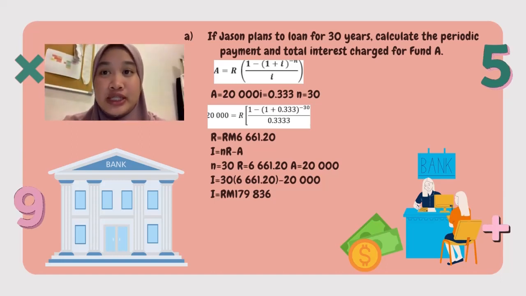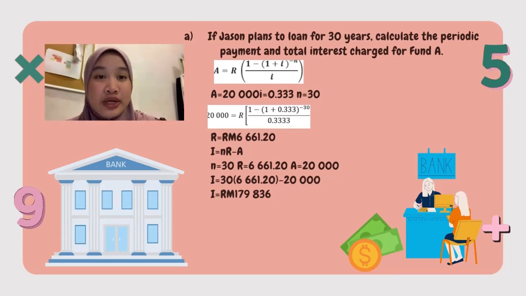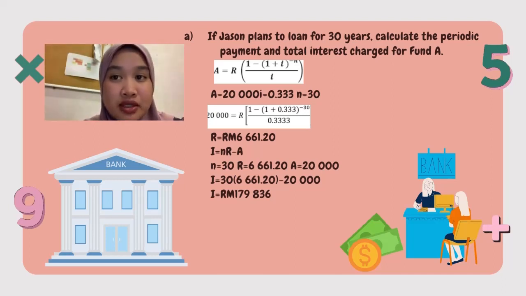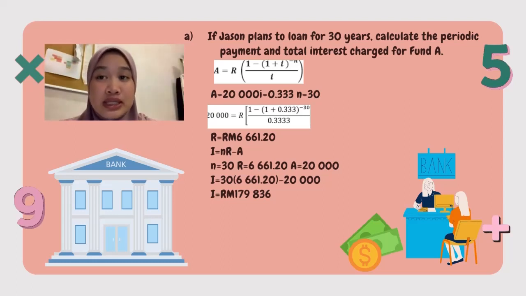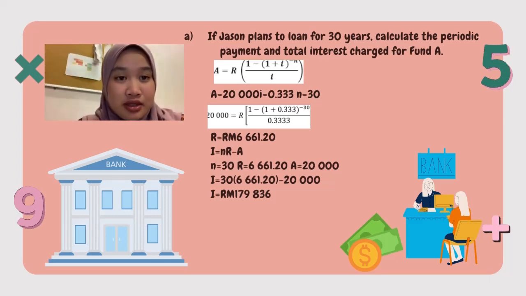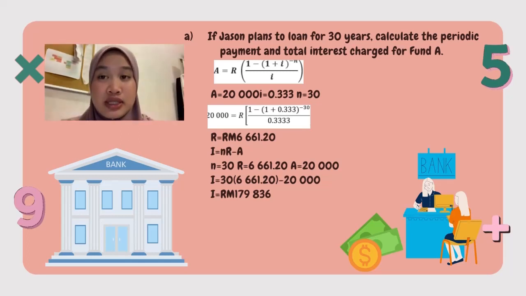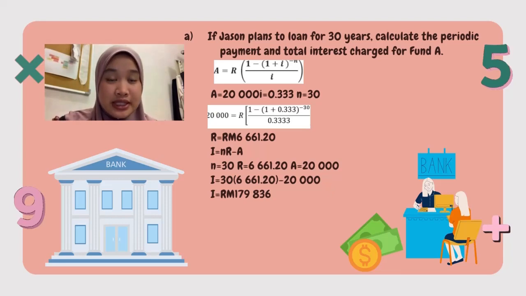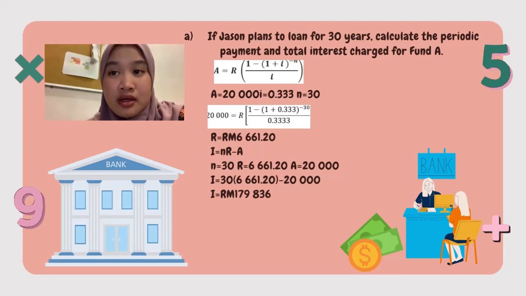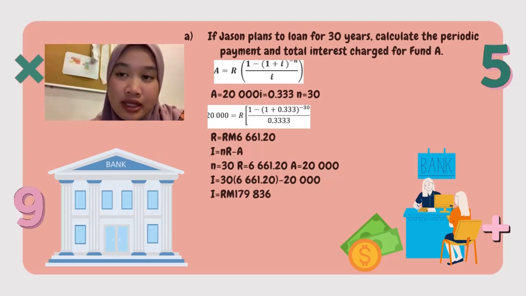To find the total interest charged for Fund A, we use the formula I equal to NR minus A. N equal to 30, R equal to 6,661 ringgit 20 cents, A equal to 20,000. I equal to 30 in bracket 6,661 20 cents minus 20,000 ringgit. So the total interest charged is 1,079,836 ringgit.